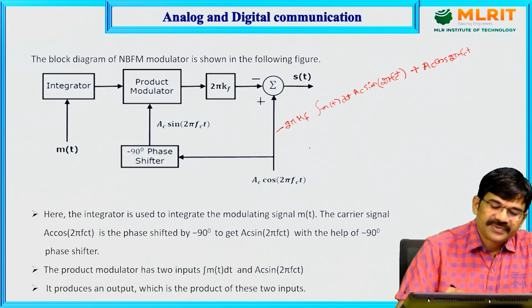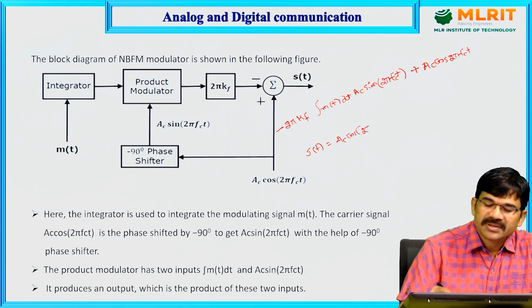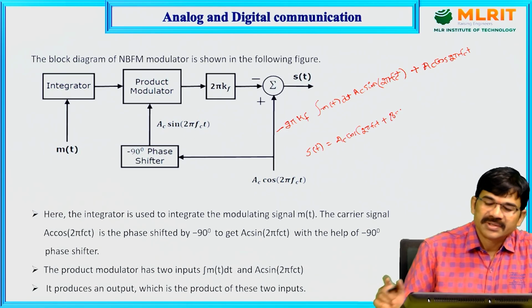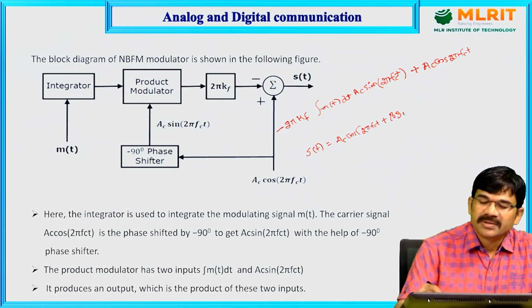So the s of t expression we are getting is AC cos 2 pi fct plus beta sin 2 pi fmt.